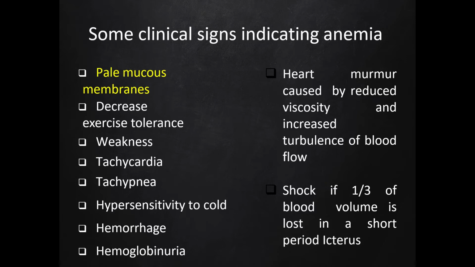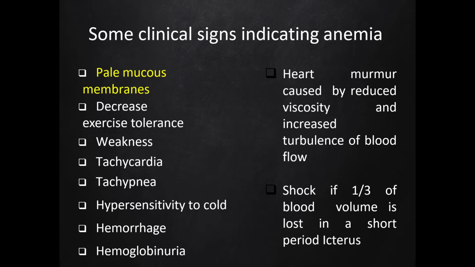This is usually a state of decreased O2 carrying capacity, which manifests as pale mucous membrane, decreased exercise tolerance, weakness. The animal is very weak because of this anemic state, and also depression.